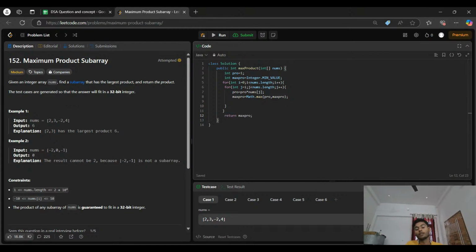We are making this max pro, taking this type of logic.